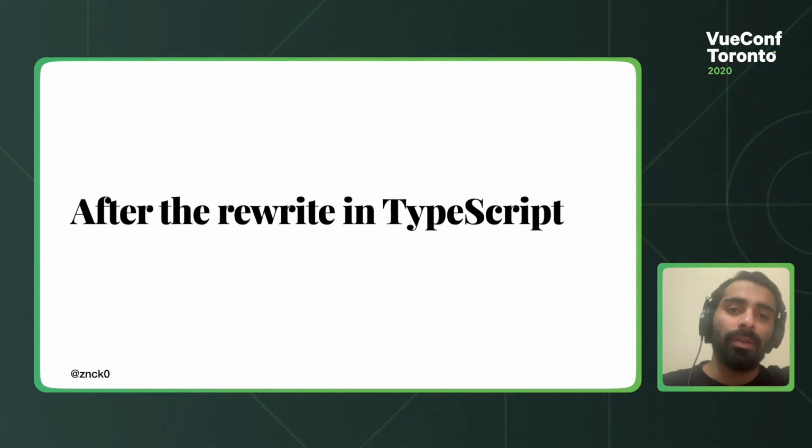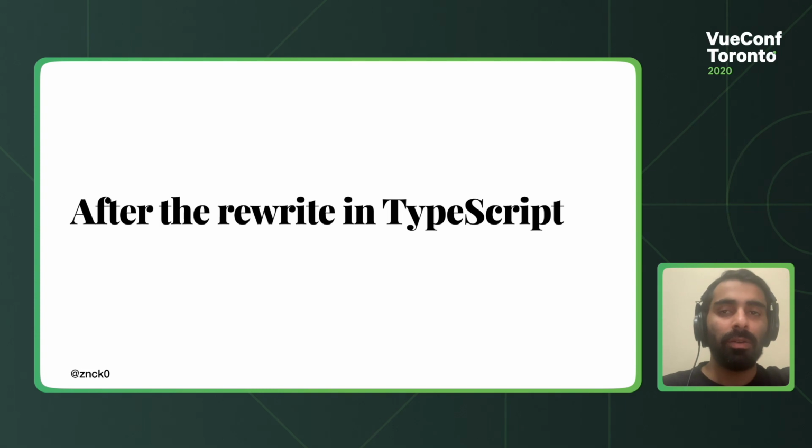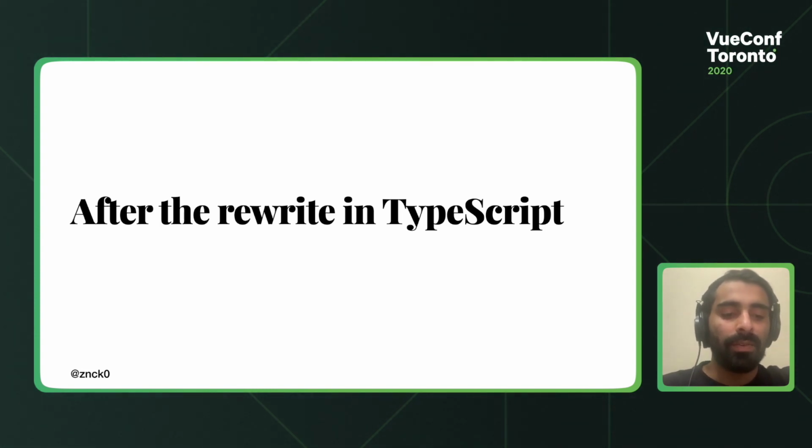But towards the end, when we were looking at another major rewrite, TypeScript had already grown a lot in popularity, in robustness, and overall support, type support of the language. So this time we took TypeScript, which has improved in many ways.